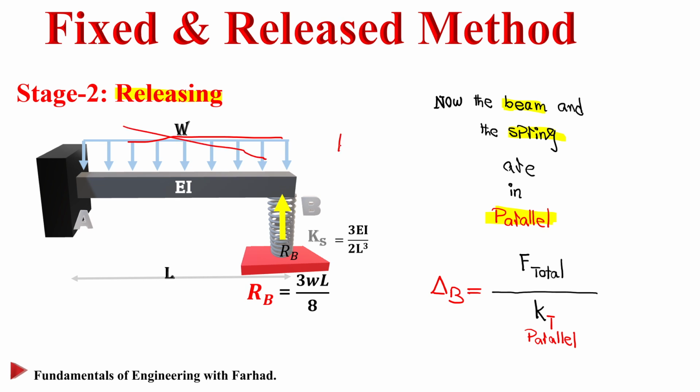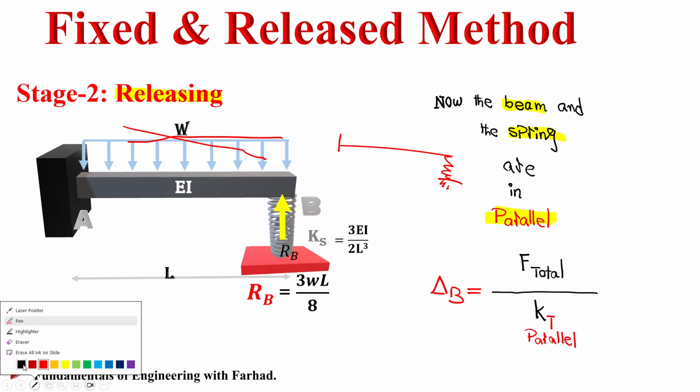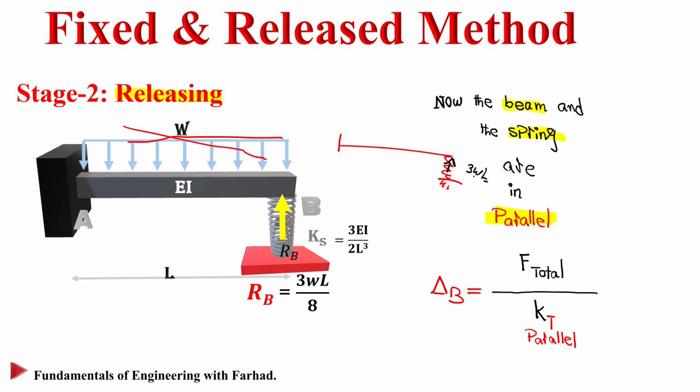It's just a cantilever beam attached to a spring with a force of 3WL over 8. This system is in parallel and we want to calculate delta at B.